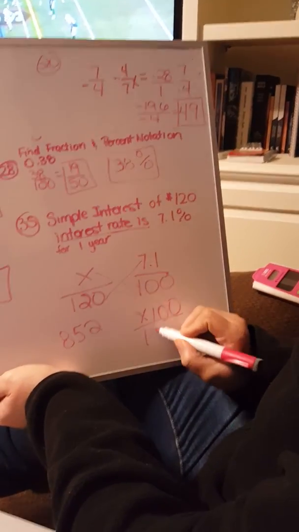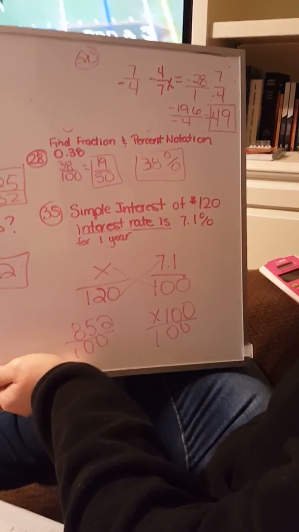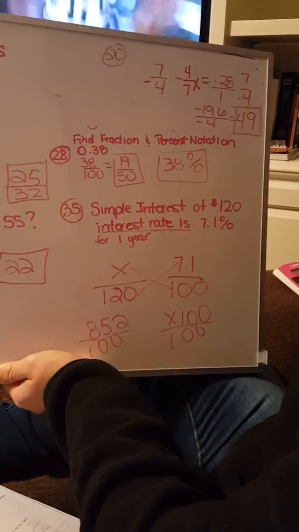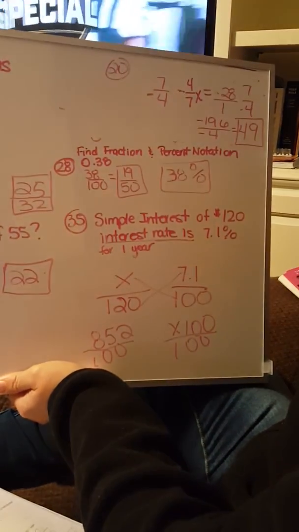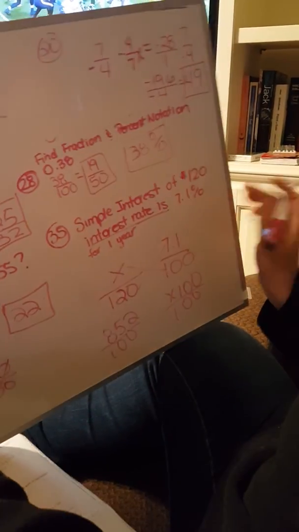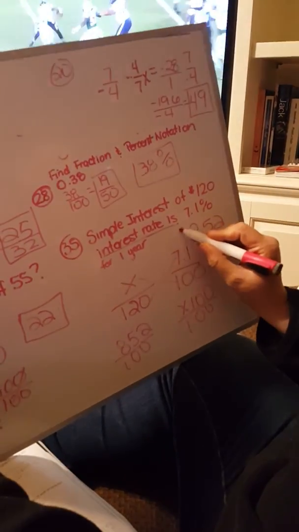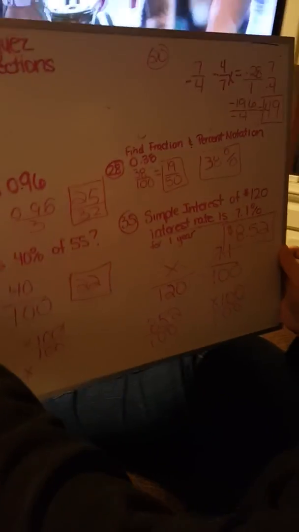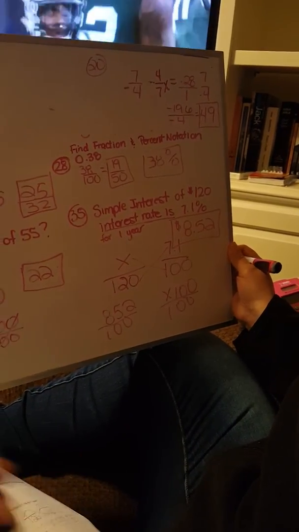So if we divide that by 100 and you divide this side by 100, it should give you 8.52. And that's what your answer would be, $8.52 on the interest at the interest rate of 7.1. Okay, thank you.